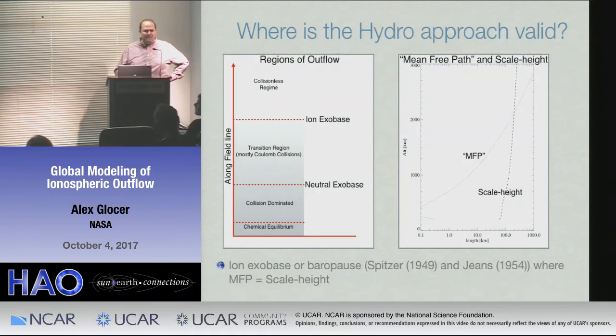Or where the mean free path of the collision is equal to the scale height. So if you do that in the model, you find that that transition happens around 2,000 kilometers, and that's an estimate that's consistent with some previous studies.